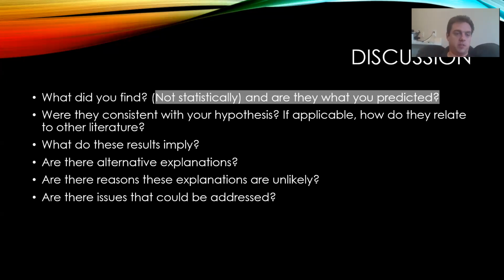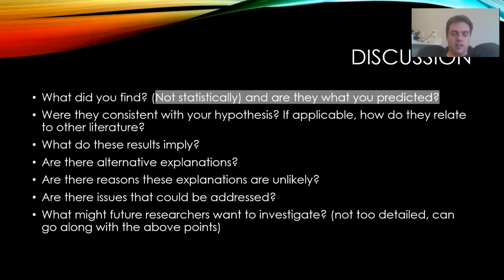I'll give you more examples in a bit, but that leads nicely into the next point, which is what future researchers might want to investigate. Let's use a different example. Say you were looking at the remote associates task and incubation. We talked about how the remote associates task is not perfectly valid as an actual problem solving task.